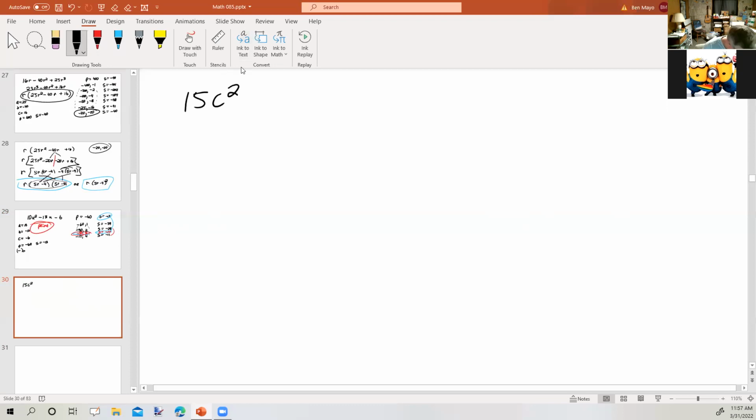15c squared d cubed minus 25c cubed d squared minus 10 c to the fourth d to the fourth. Okay. Well, this is not in standard form in terms of c, and it's not in standard form in terms of d either.